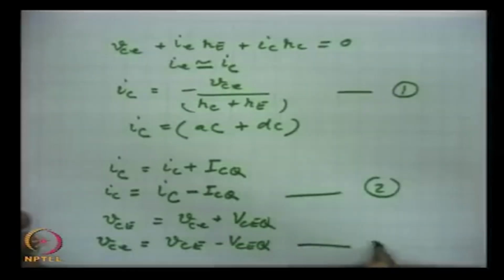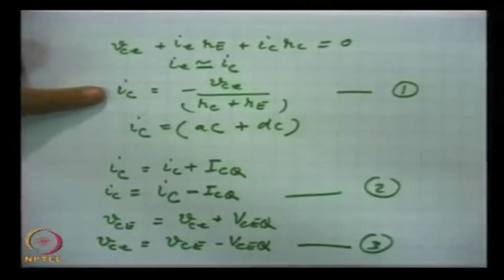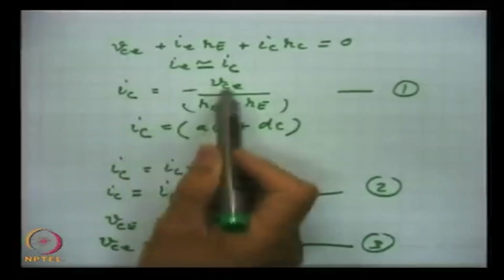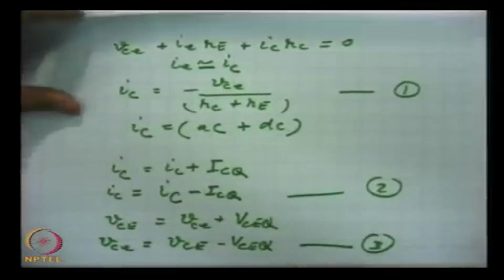This is equation 3. Now, in equation 1 we substitute for ic and vce from equations 2 and 3.